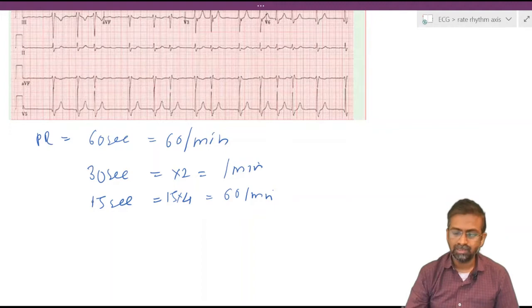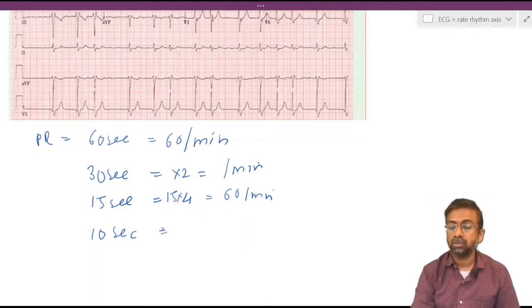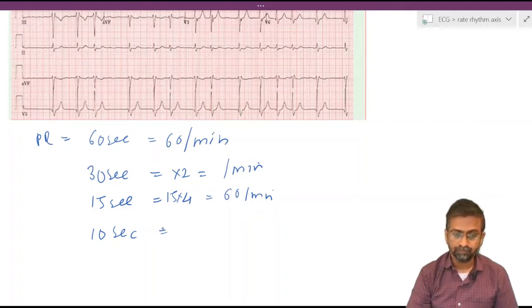You just took the pulse rate for 10 seconds. What number will you multiply by to get the pulse rate in 1 minute? It will be 6. So you check the pulse for 10 seconds and you found there are 10 beats. You multiply that 10 by 6 and you will get 60 beats per minute heart rate.